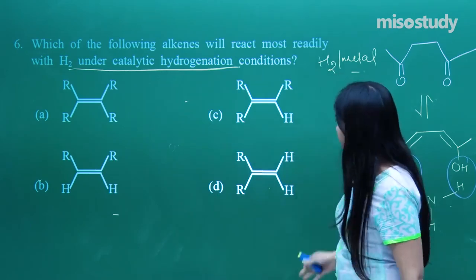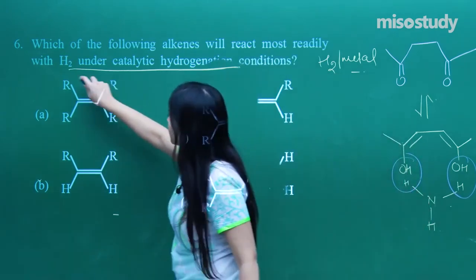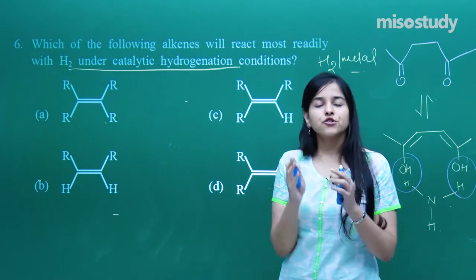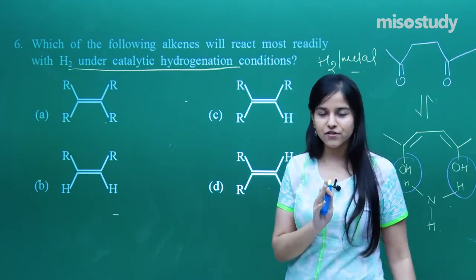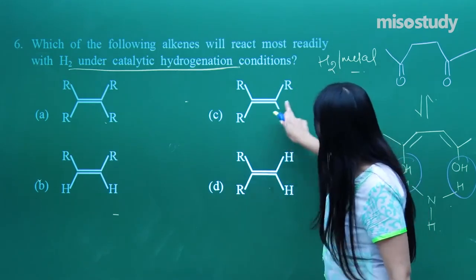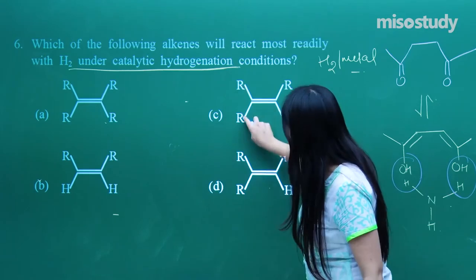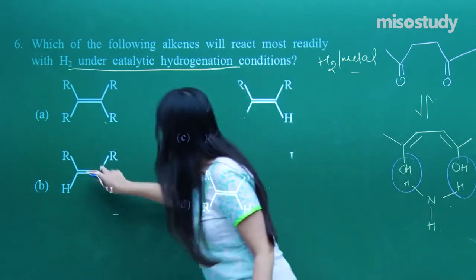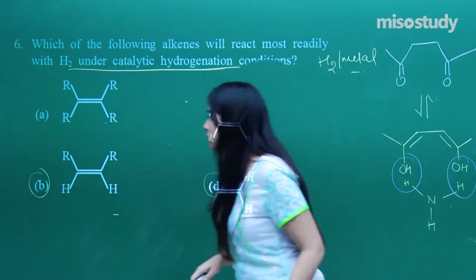So which will be more favorable? Here I have got 4 R groups present. So first of all, there should be the least possible steric hindrance, that means the least possible R groups. So where are the structures having the least possible R groups? Here we have 3, here we have 2, yes, this could be a possibility. Here again we have 2, this could be a possibility.